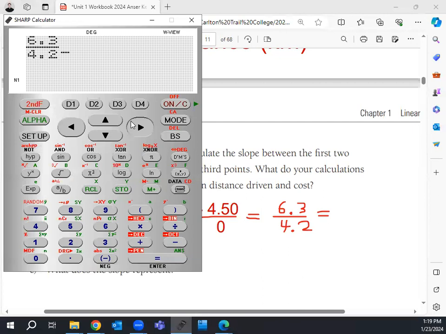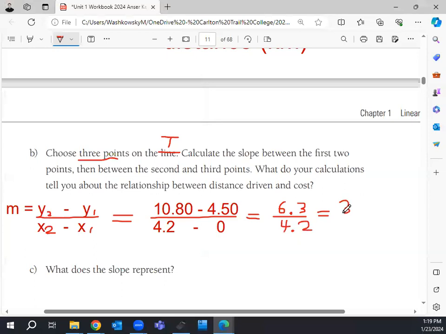Your calculator can do the heavy work for you most of the time. 3 over 2. A little bit of an easier number there. That's the simplified version. These mean the same thing. It's the simplified version of it, though.